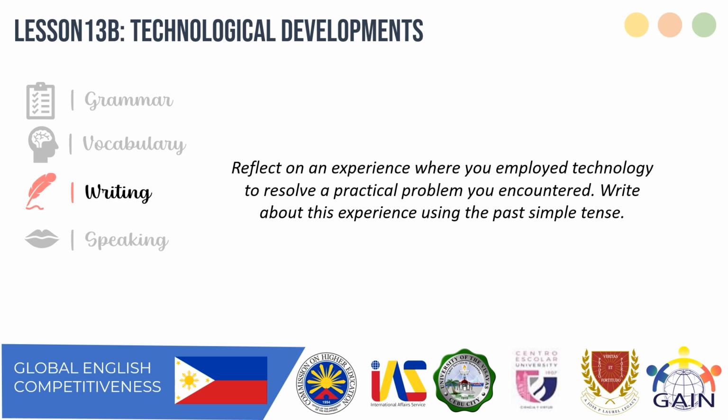Write about this experience using the past simple tense. Keep in mind that just like the previous activity, your answers in this activity may vary. After writing, you may use your preferred AI tool to check areas for improvement in your written output. You may pause the video and start writing.